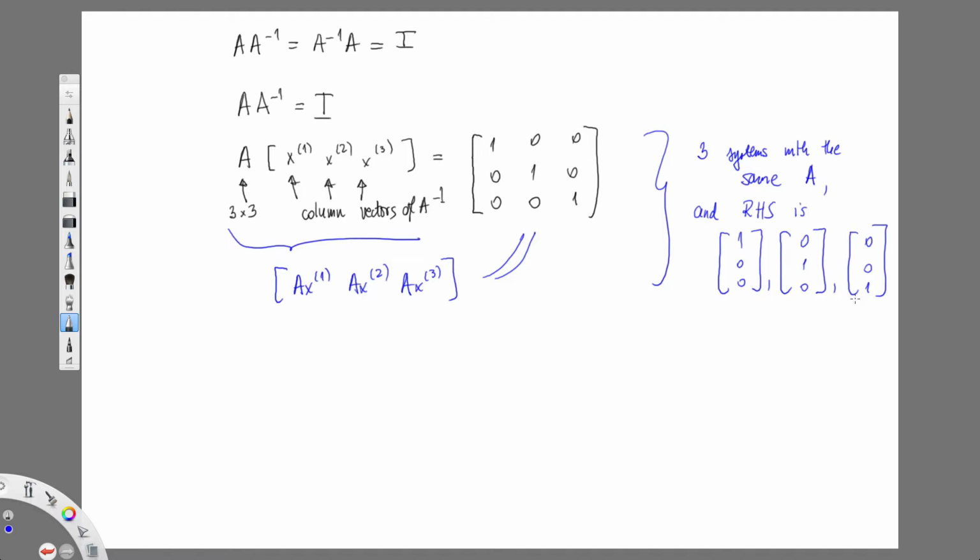So these are my B's that are changing. You can call these B1, B2, and B3.